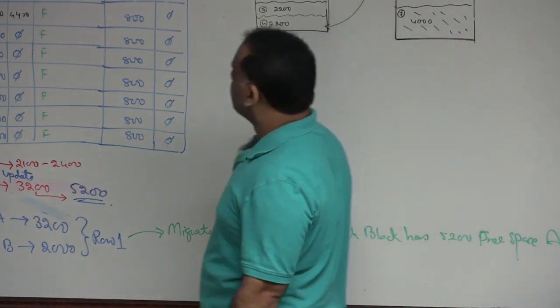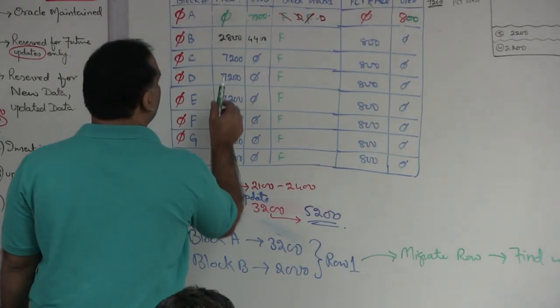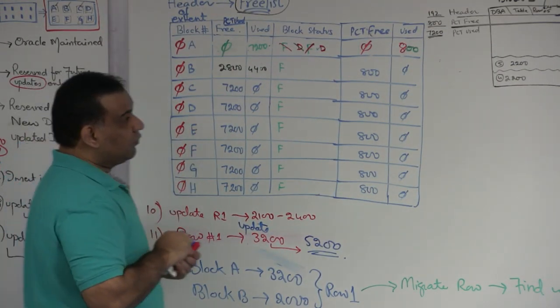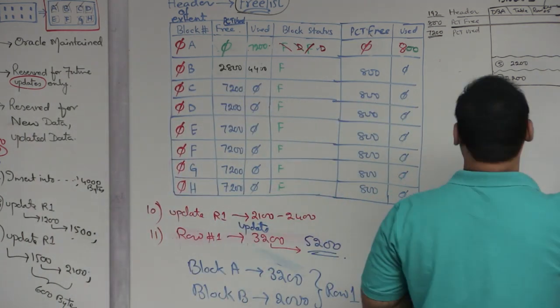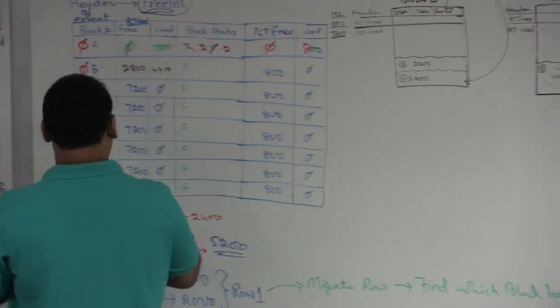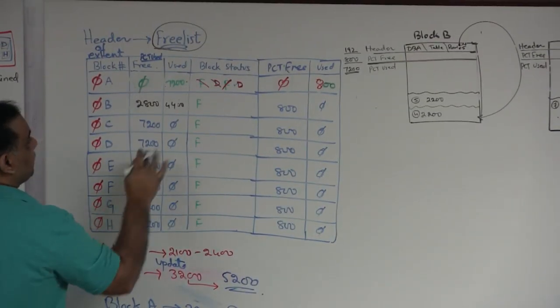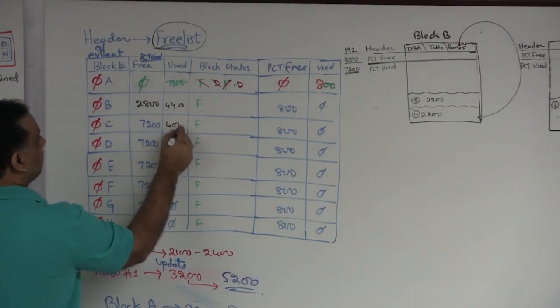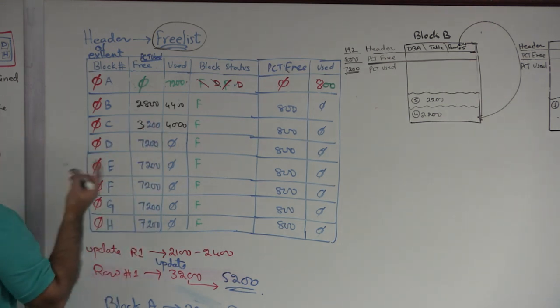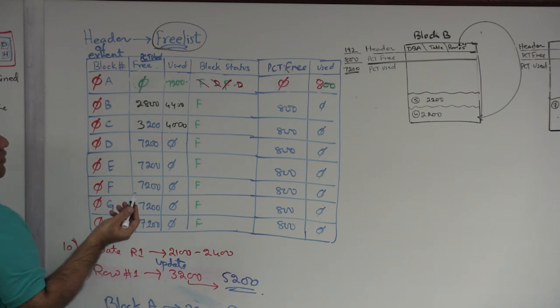So in our case, if I start looking into this here, which one has the 5200 available? Block C. So now we will come into the picture. Now if I start looking into block C, block C actually has 4000 here, right? So I don't think we updated this. Oh, we did. So used was 4000, 3200, and this one is 3200. Right? So block C is not really a good candidate.